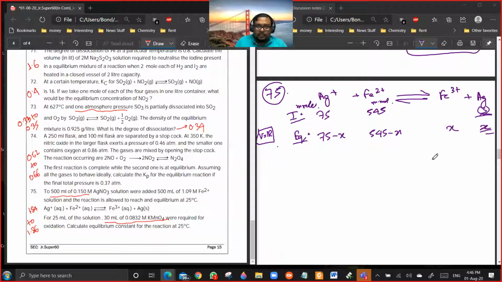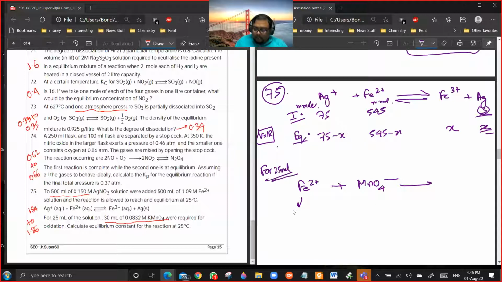So Fe2 plus will undergo reaction with MnO4 minus, and it will be giving products. So for 25 ml solution, the milliequivalents of Fe2 plus should be equal to the milliequivalents of MnO4 minus.